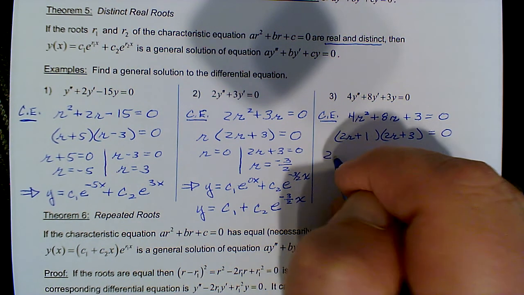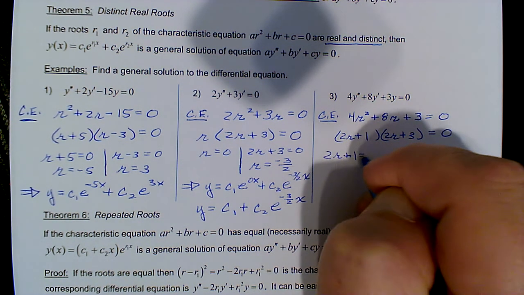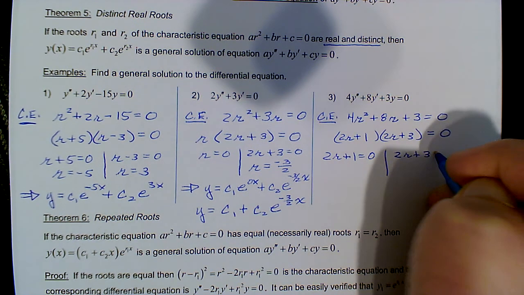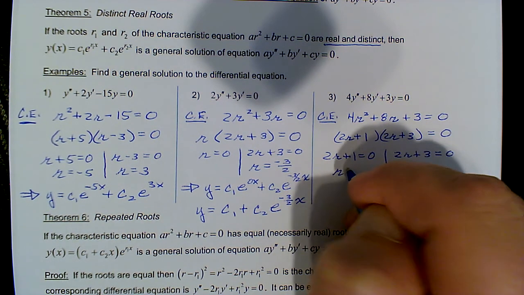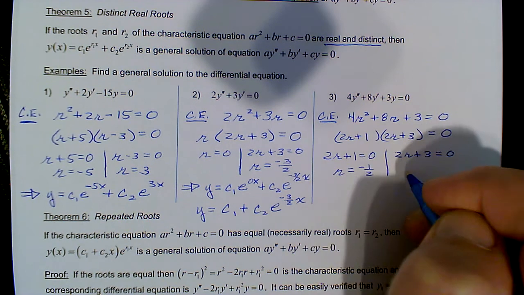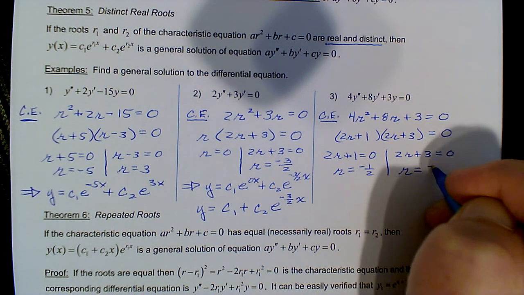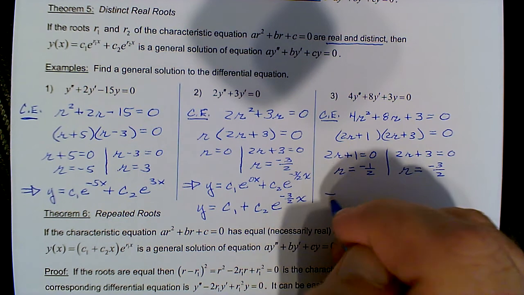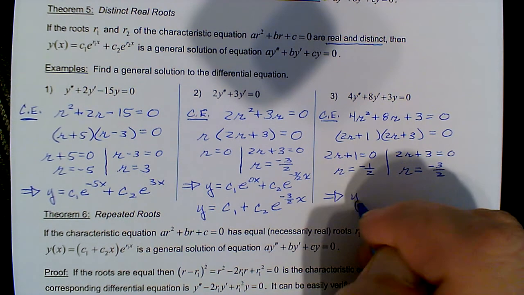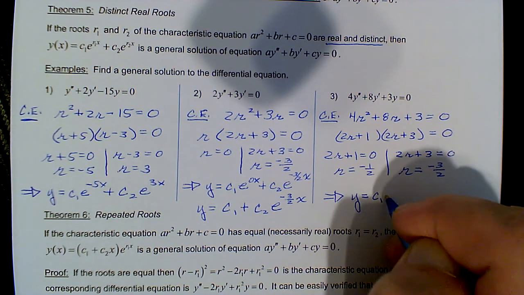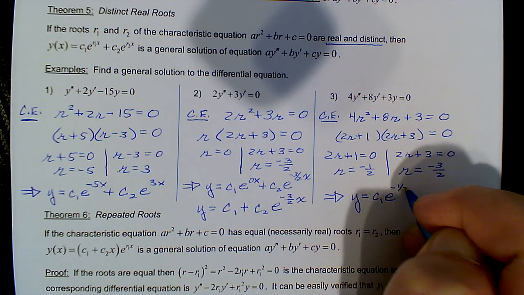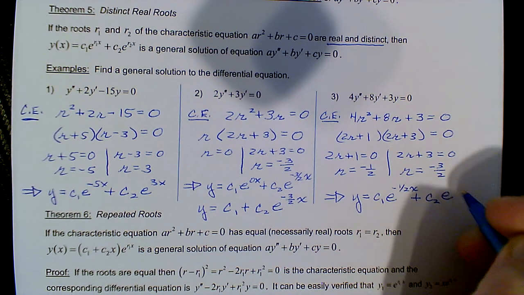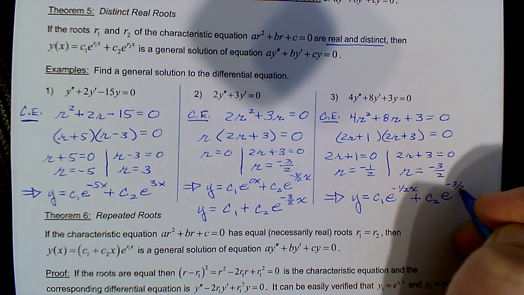So set each factor to 0, 2r plus 1 is 0, and 2r plus 3 is 0. So r is negative 1/2, and r is negative 3/2. And so then a general solution is y equaling c1 e to the negative 1/2x plus c2 e to the negative 3/2x.